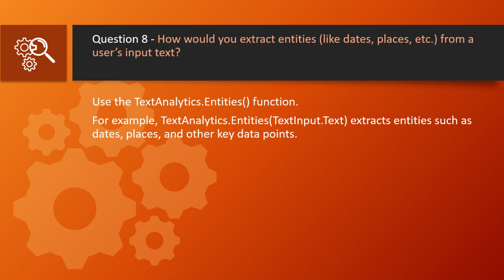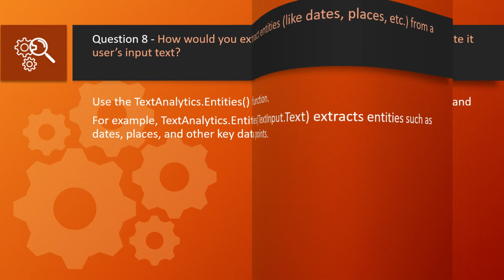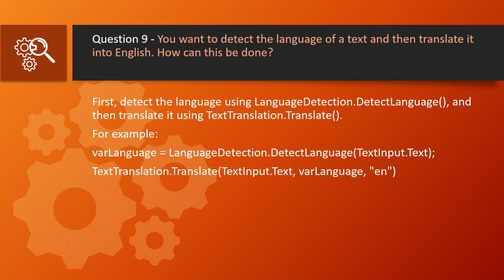You want to detect the language of a text and then translate it into English. How can you do it? The first thing is the detection of the language. For that you will use language detection dot detect language, and after that you need to translate it, so for that you will use text translation dot translate.